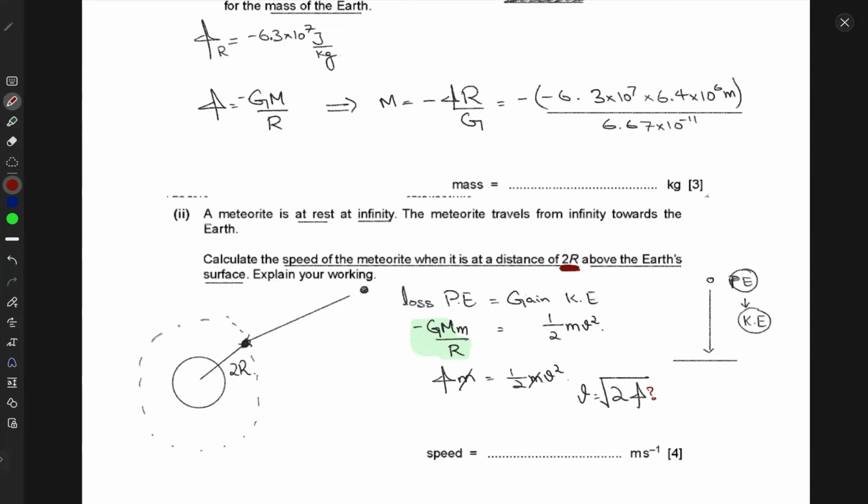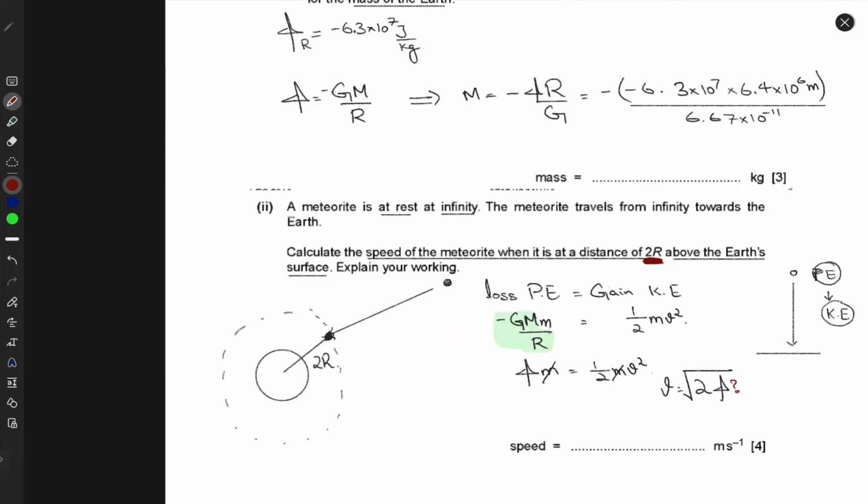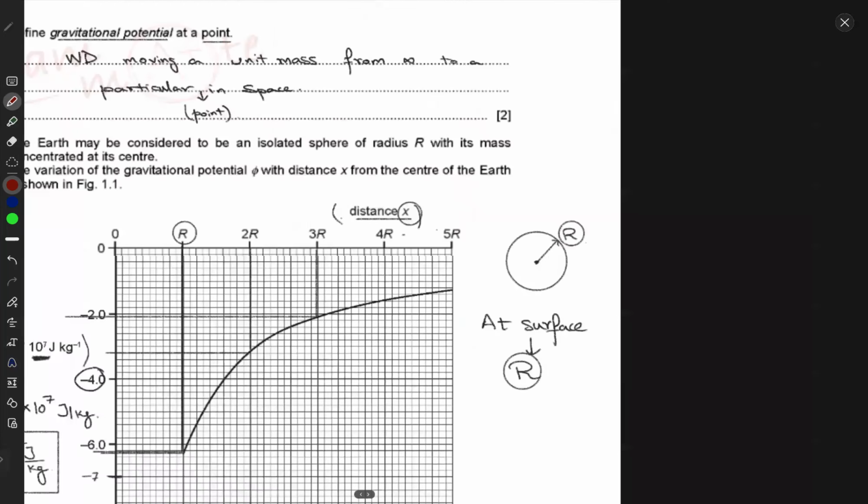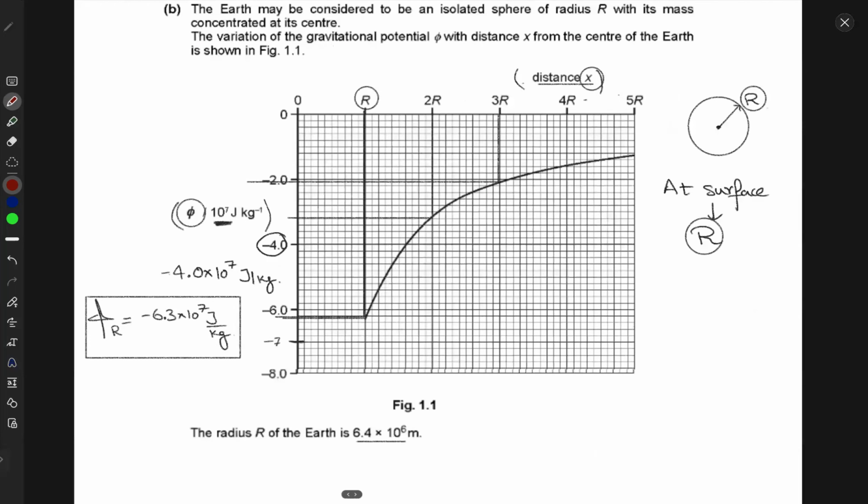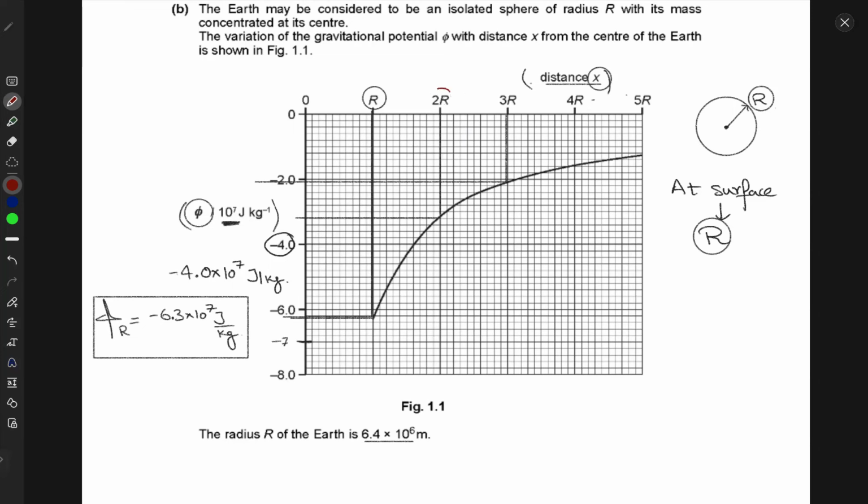Remember that you are given a graph which relates distance and potential. So I'll look at this: I have a 2R over here. I'll drop a perpendicular, and when it meets the curve, I'll go in the horizontal direction and get somewhere around here. The value for potential here is minus 2.0.